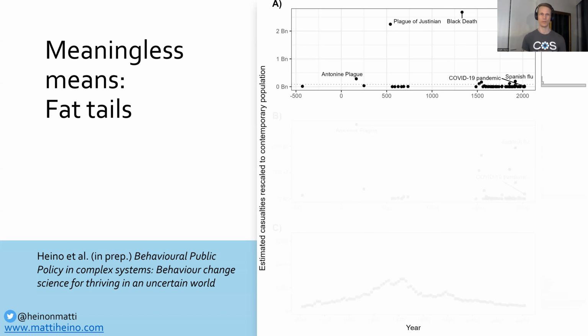population. So if there were fewer people when the pandemic happened, we rescale it such that we can think of it as if there was the same amount of people living in the world as today, what would be the estimated number of deaths for that pandemic event?